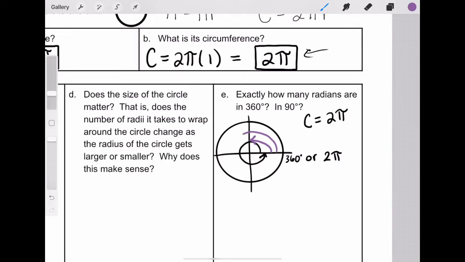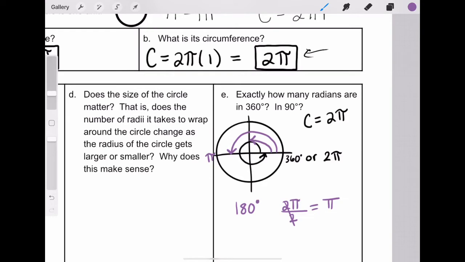Or what would 180 degrees be? So notice that 180 degrees is half of the circle. So 2 pi would be half of that. So that means pi is right here.